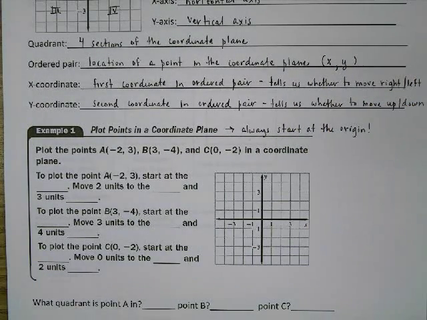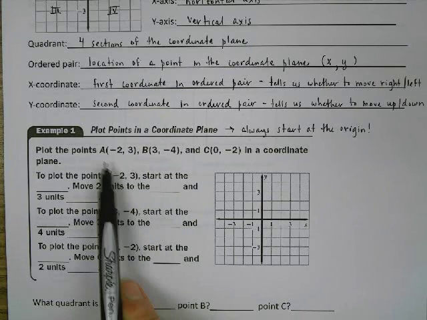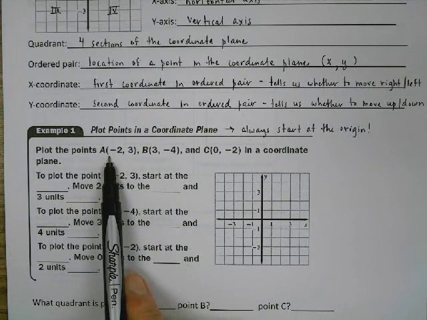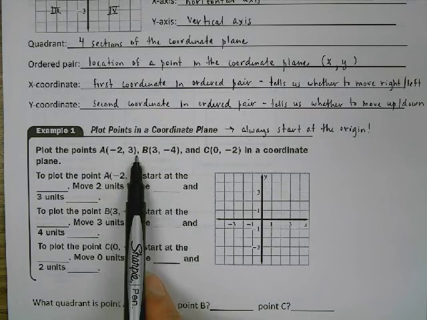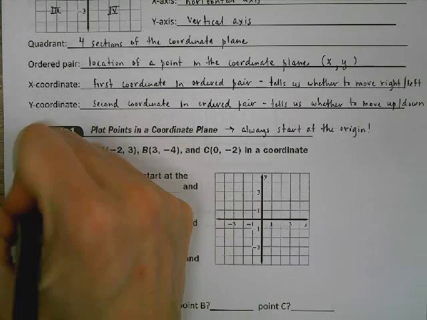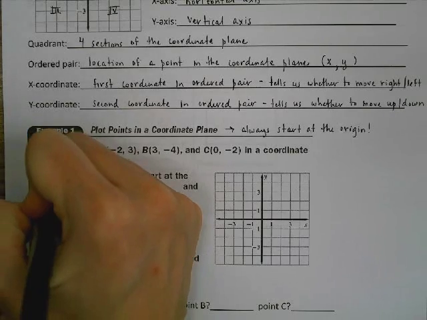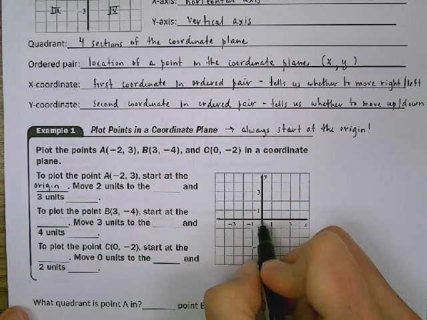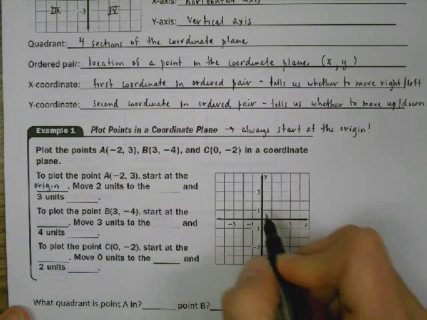So let's take a look at what that might look like. The first point we're going to plot is point A, and its coordinates are (-2, 3). To plot point A, we start at the origin, just like we said. I know the origin is this point right here where my x and y axes intersect.